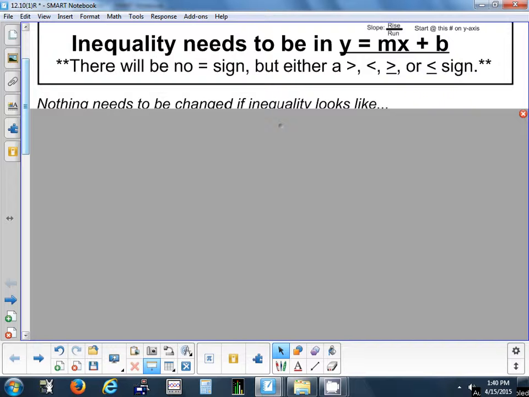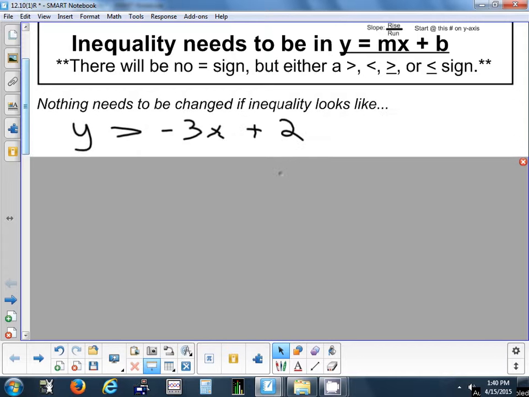I'm going to give you an example of an inequality that doesn't need to be changed.